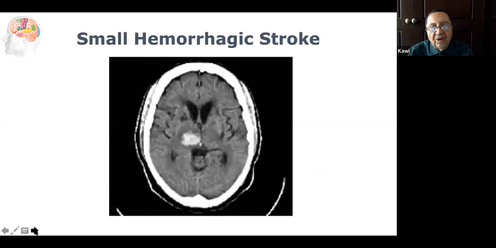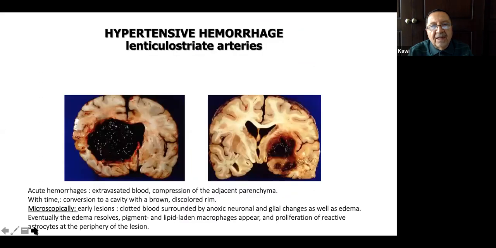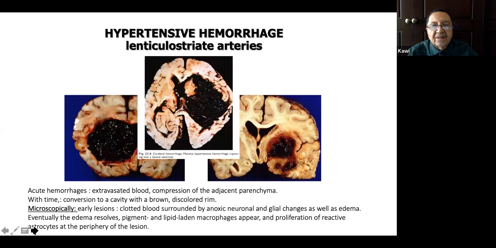This is a small hemorrhagic stroke in the basal ganglia that did not develop into a larger one, and this is a hypertensive hemorrhage in the lenticulostriate area, which caused a large clot and caused death in this patient. These are large hypertensive hemorrhages.